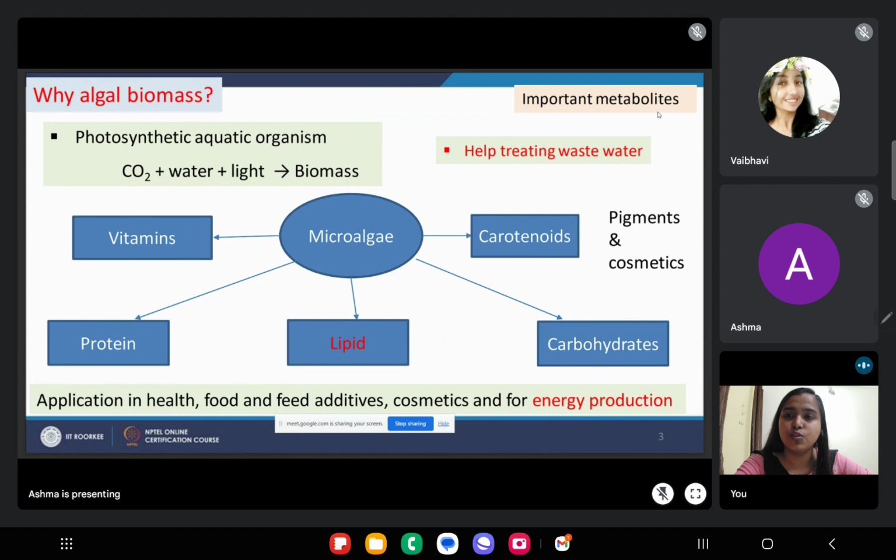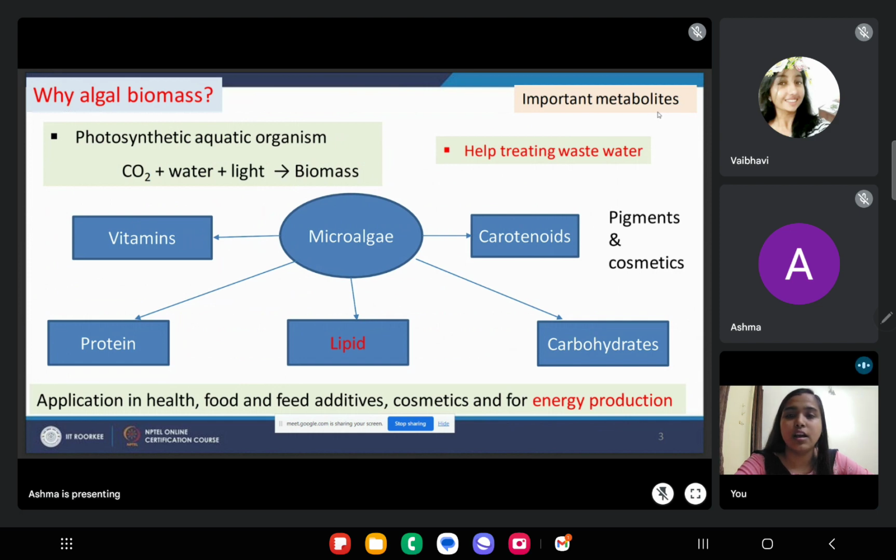Since algae consume an inorganic source of carbon, what photosynthetic organisms first do is convert the inorganic source to an organic source of carbon, and then they consume that organic carbon for energy and for biomass production. Algae is also very important in treating wastewater because for the growth of algae, nutrients are required, and algae can be very good for removal of nutrients from the wastewater.